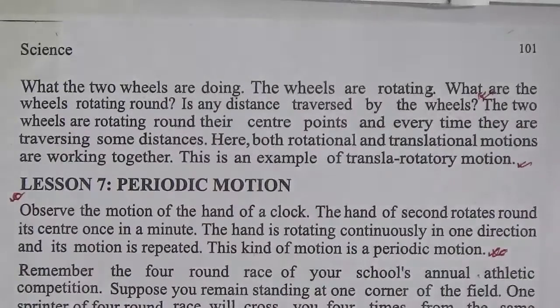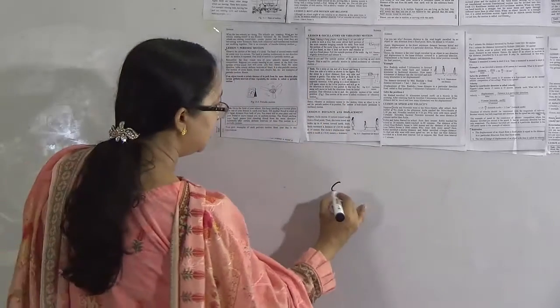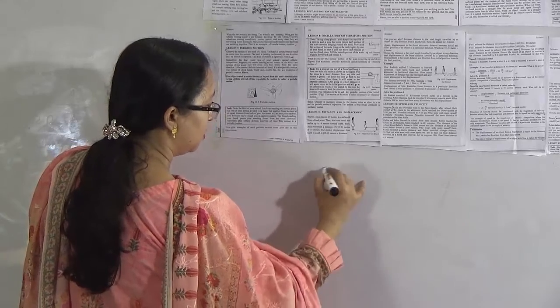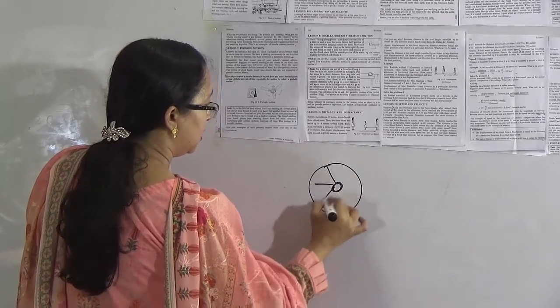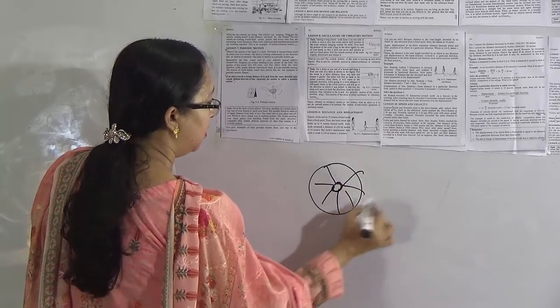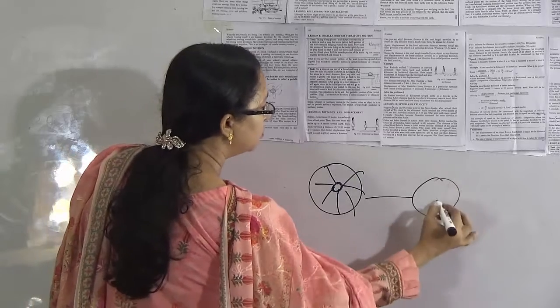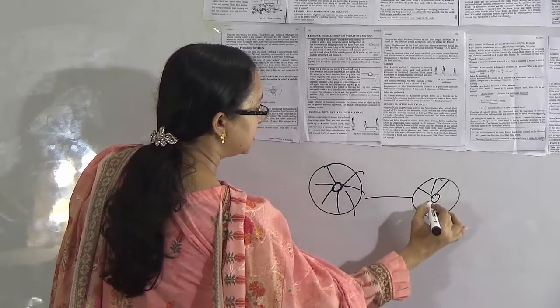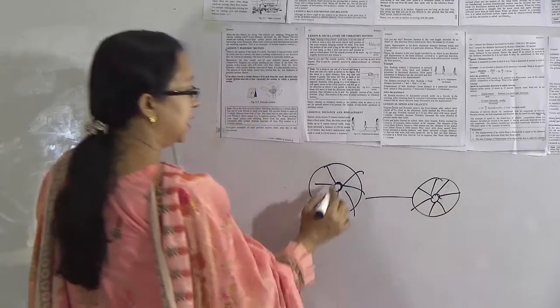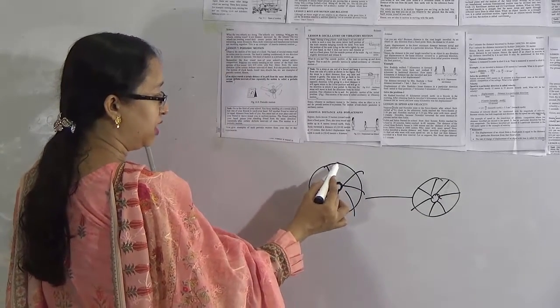For translatory motion, we can draw a picture of a bicycle's wheels like this. This is the bicycle wheel. It is round, and it goes from here to here.